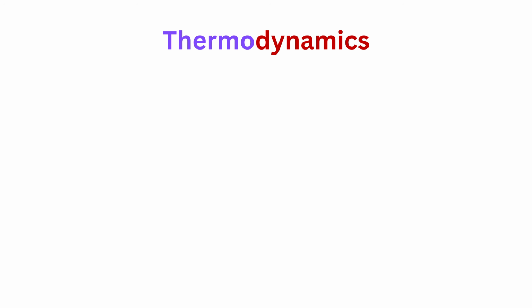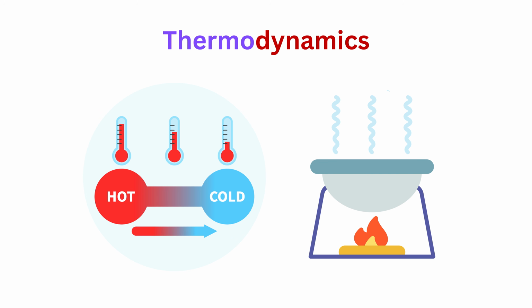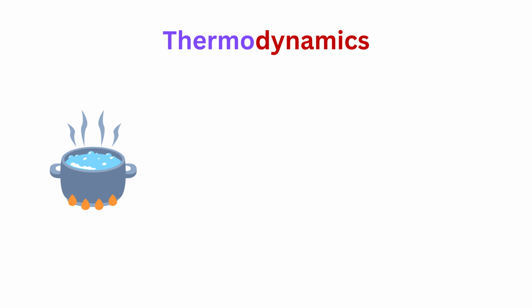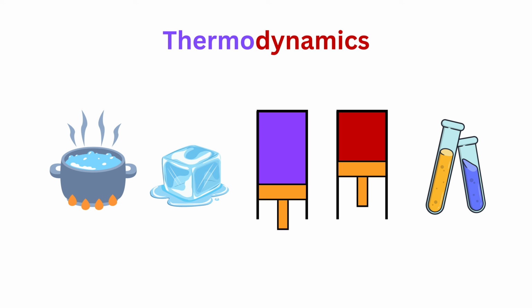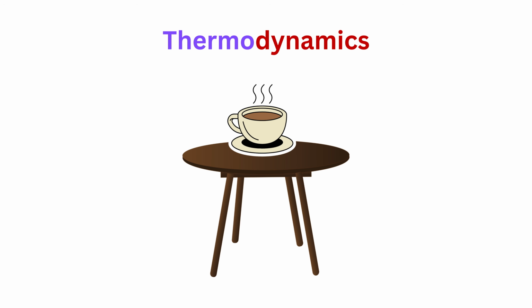In simple words, thermodynamics studies how energy flows in or out of any system when it undergoes some physical or chemical change. It tries to explain what happens to energy when something gets heated, cooled, expanded, compressed, or even reacts chemically. Think about a cup of hot coffee.